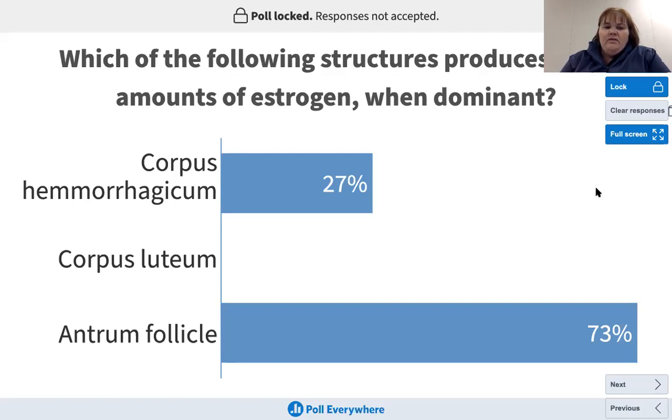So follicles produce large amounts of estrogen. Corpus luteums, when dominant, produce large amounts of progesterone. Both of those hormones have very different effects on their target tissues.